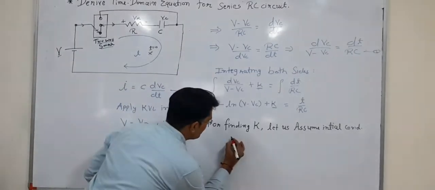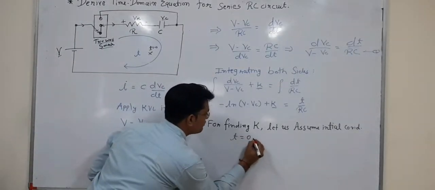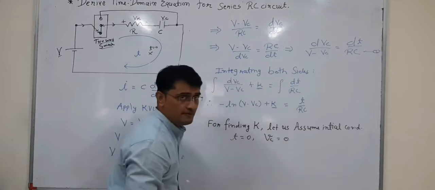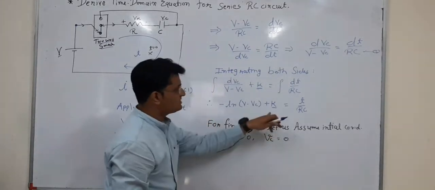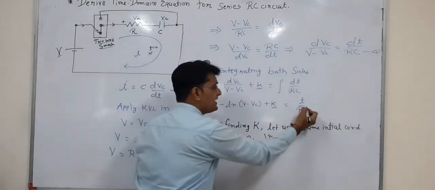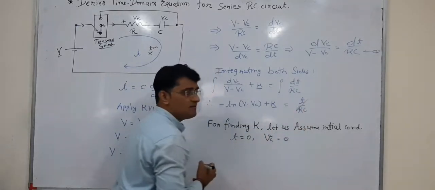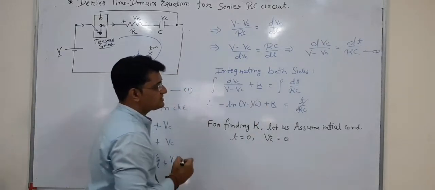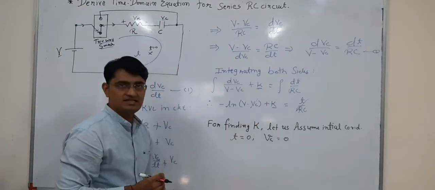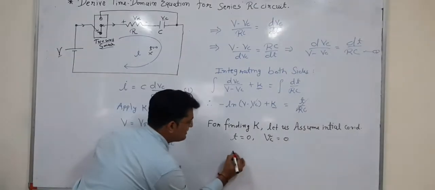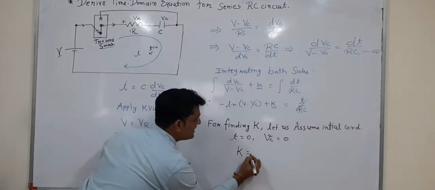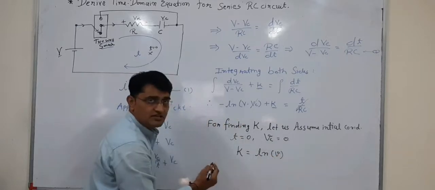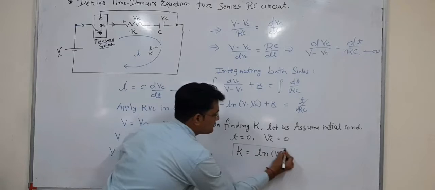If you put these values in this equation, the t term cancels out, and Vc also cancels out. So my integration constant k equals ln V.